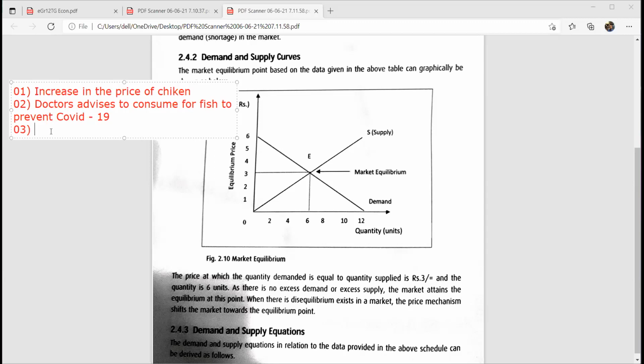Next one, government introduced a subsidy for farm fishing.